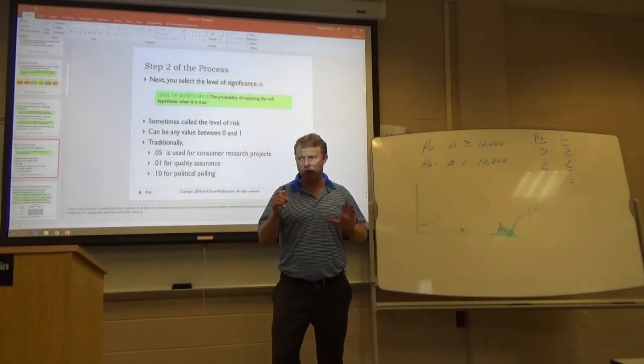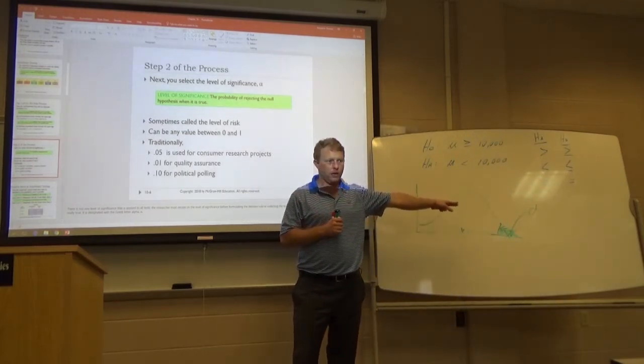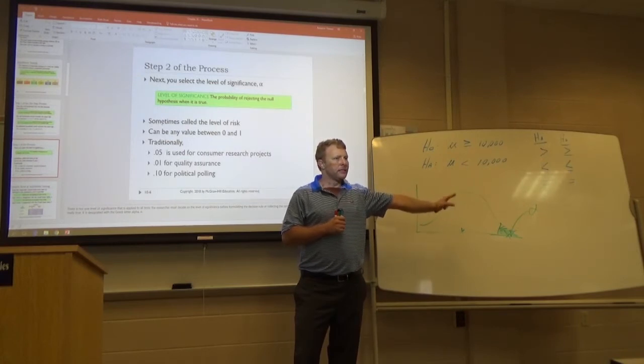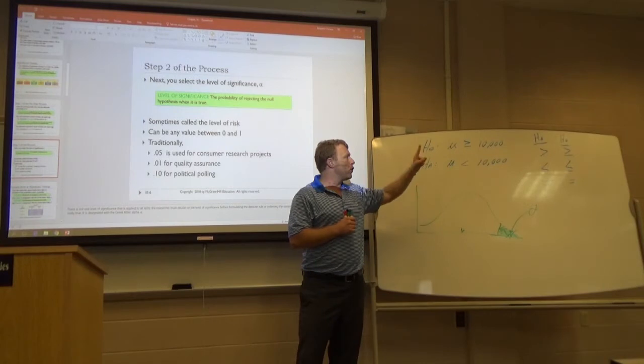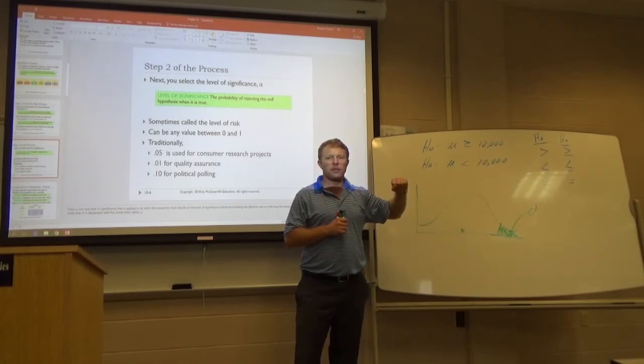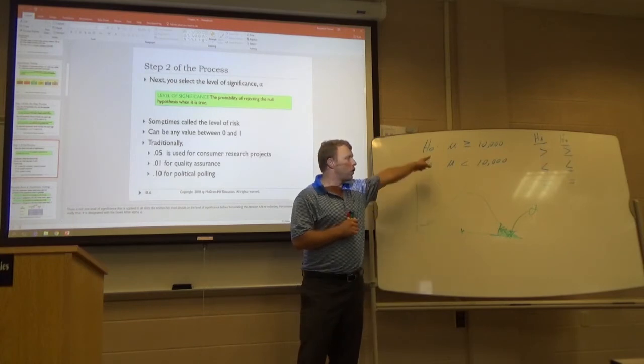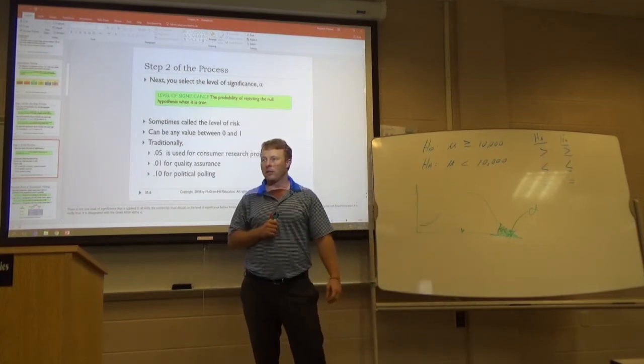So do we know what alpha is? It's that shaded area, okay? And that shaded area says if the null hypothesis is right, then when you do your math, it isn't going to land in the shaded area, because the odds are really low that you're going to land there if your null hypothesis is correct.